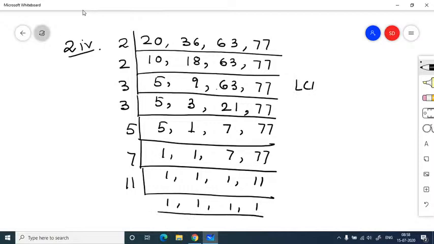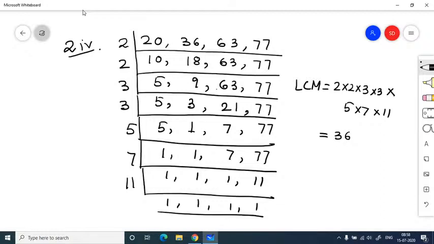So your LCM will be the product of these numbers, 2 into 2 into 3 into 3 into 5 into 7 into 11. Now you can do it in the rough column or you can do it mentally also. So 2 2s are 4, 4 3s are 12, 12 3s are 36.